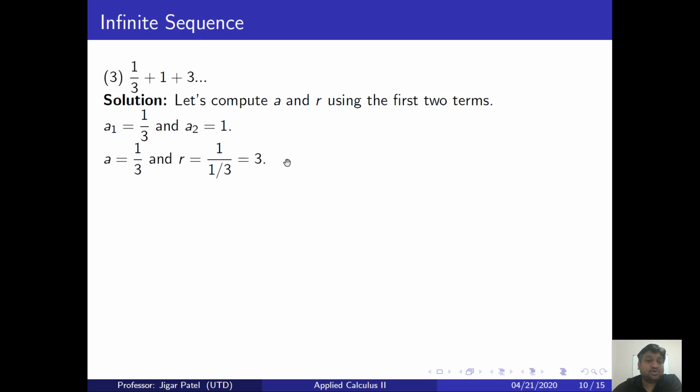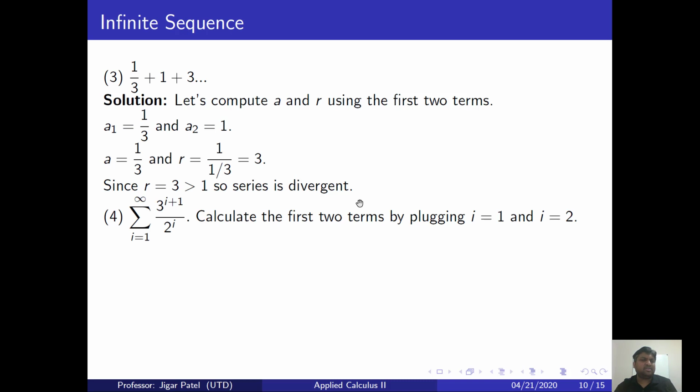The common ratio is outside negative 1 and 1. So I will simply write that R is bigger than 1, so the series is divergent. That's the end of the story. You add infinitely many terms, the result will be infinity. That's a fairly simple deal, no trick. The value of R immediately tells you whether the series converges or diverges.